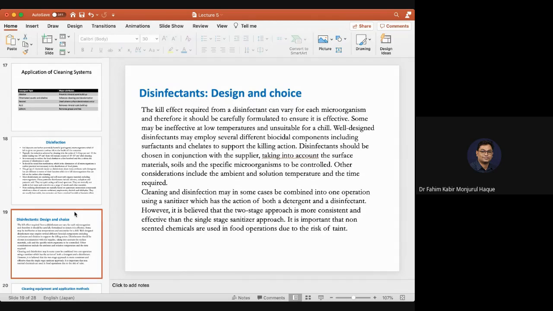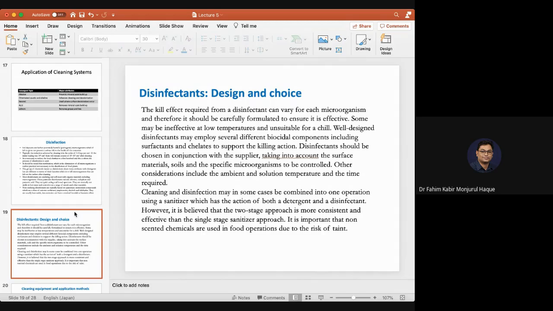Many detergents also have a disinfection effect. There are many detergents which can clean as well as kill. Still, based on the place where we want to do the cleaning or disinfection, and the microorganisms present in that place, sometimes disinfectants are added with the detergent, or sometimes first they do the cleaning, then the disinfection procedure.